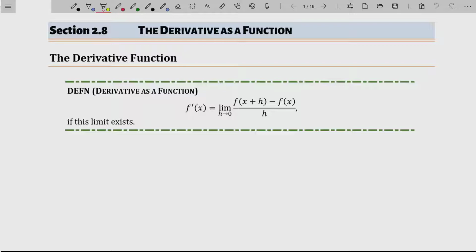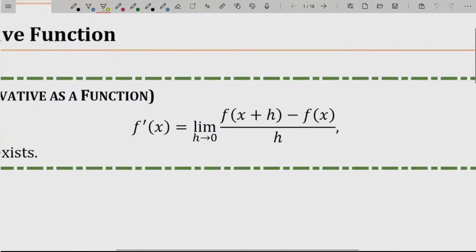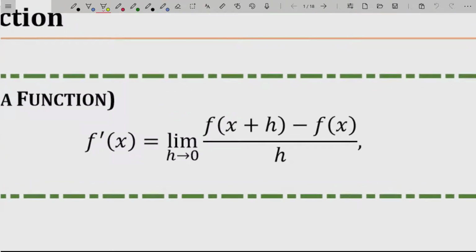In this video, we're going to talk about the derivative just as a function, which is slightly different than the derivative at a point. Remember, the derivative at a point looked, definition-wise, just like this, with the exception that these x's were actually a's.